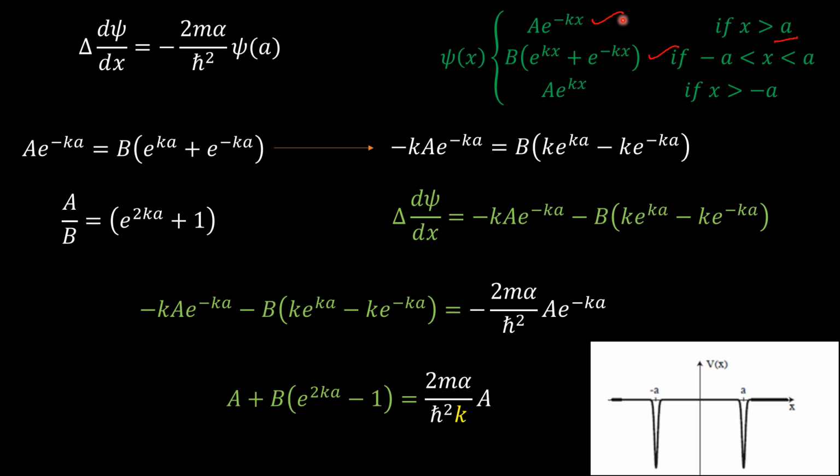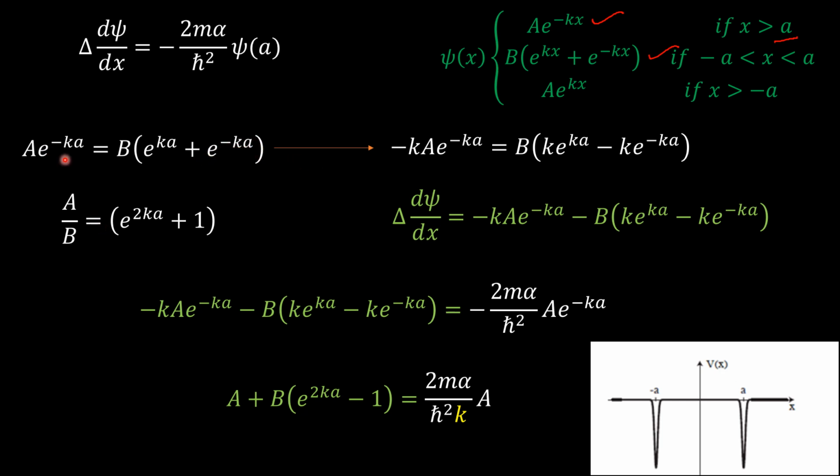If you compare these two equations, the wave function and its derivative must be equal. First you take the case of the wave function. A e power i k a is equal to, because at the point A we are referring to the boundary, p multiplied by e power ka plus e power minus ka.